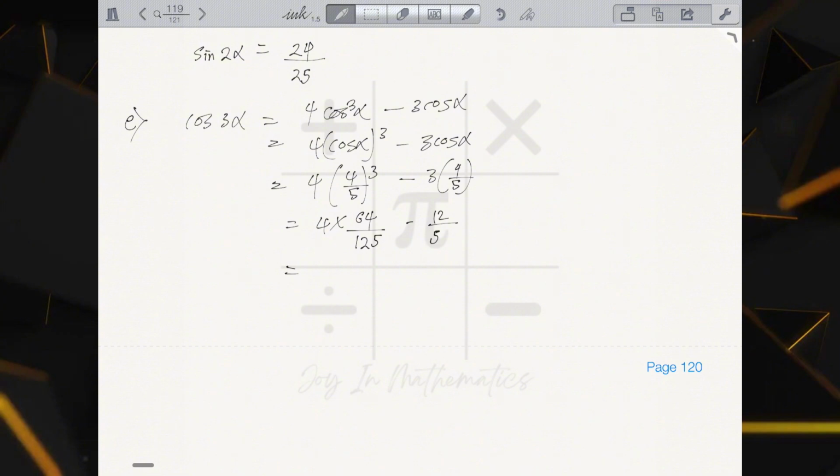So simplifying further, we have 256 divided by 125 minus 12 over 5. Using the LCM of 125, this results in minus 44 divided by 125. And this is an expression for cos 3 alpha.